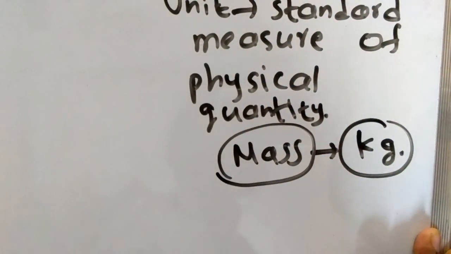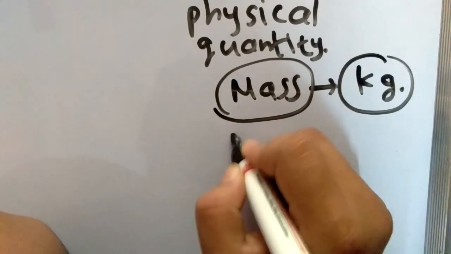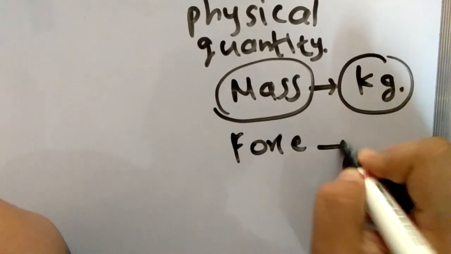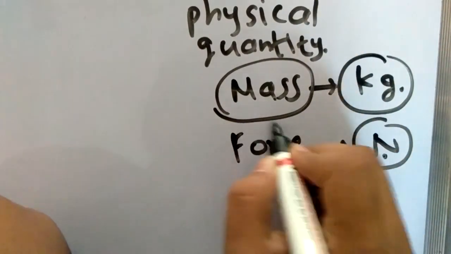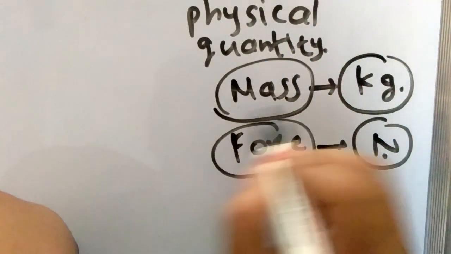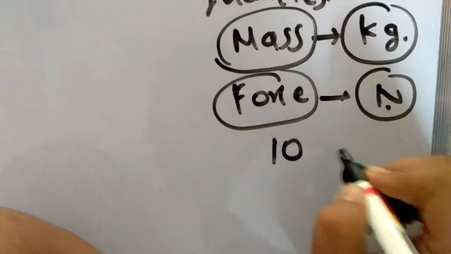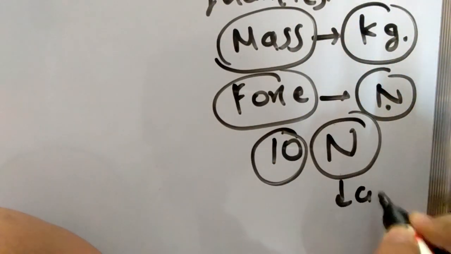Now second example I will take of force. The unit of force is Newton. So this is unit and this is physical quantity. If I write one example like 10 Newton, 10 N, then this is the value, but this is called as unit.